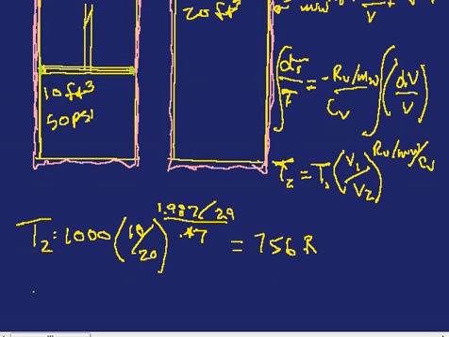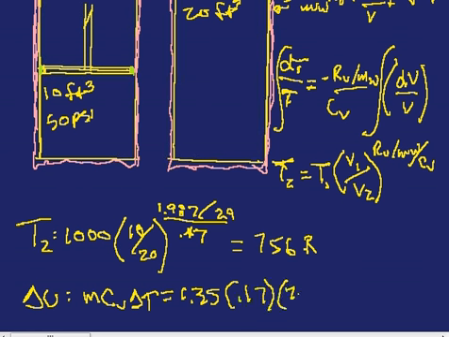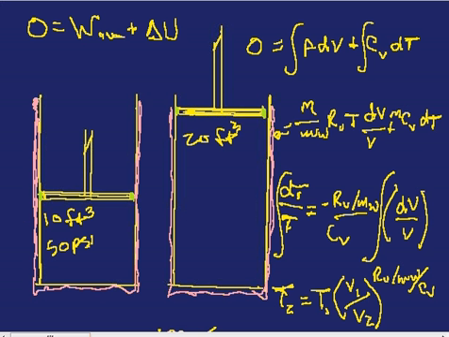T2 is 756, so delta U is equal to m CV delta T, or delta U is equal to 1.35 pounds times CV's 0.17 times 756 minus 1000, comes up to a delta U of minus 55 BTUs. Put that back into our energy balance, and we have W out plus minus 55 equals 0.